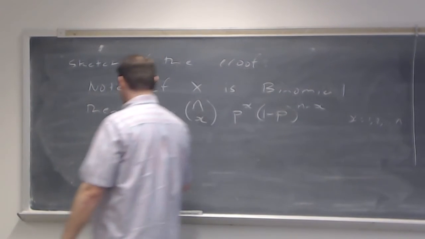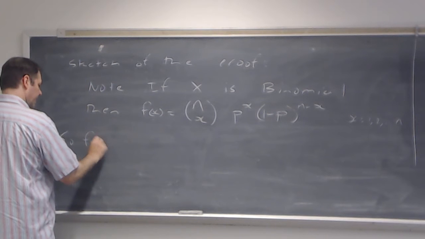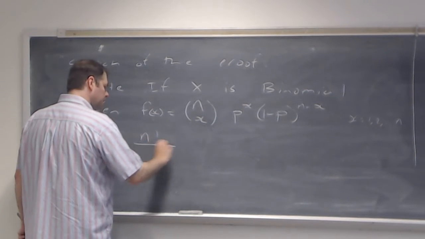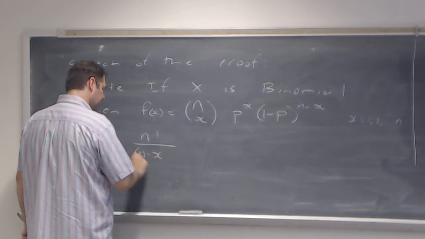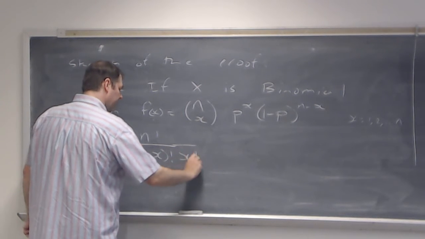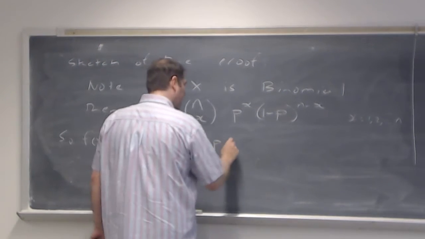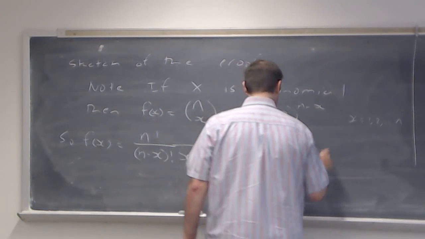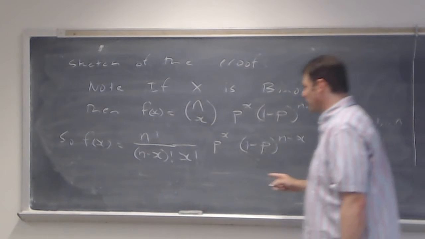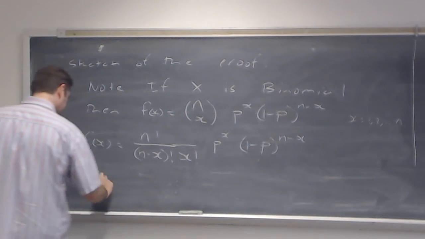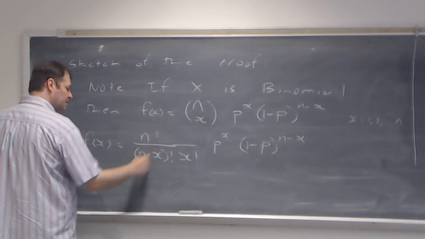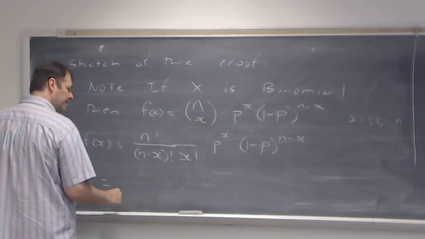Well, let's look at this. This f of x can be rewritten as n factorial over n minus x factorial x factorial, p to the x, 1 minus p to the n minus x. Let us rewrite this fraction here, the n factorial over n minus x factorial.